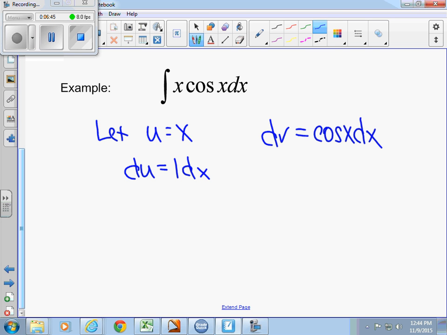And I'm going to integrate dv. What is the integral of cosine? Sine. So now I have an expression for v and u.